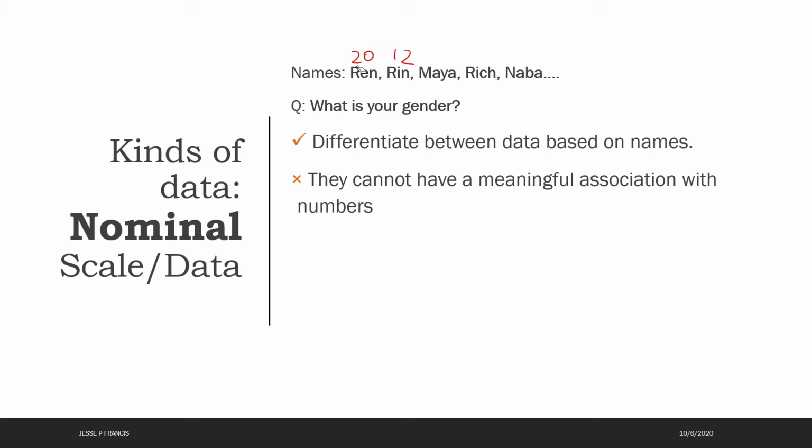Such type of data are called nominal data. And another thing is they cannot be ordered. I cannot say Ren is greater than Rin because they're two different people. They have different skills, different abilities. And by knowing their name, I cannot do any such comparison. So that's the thing with nominal data.